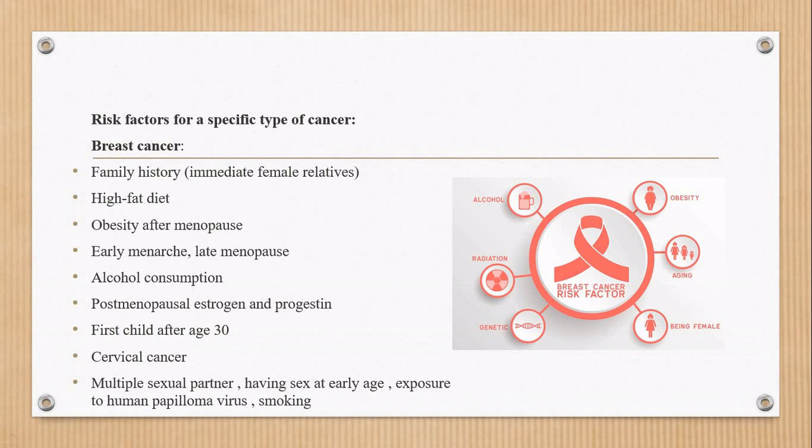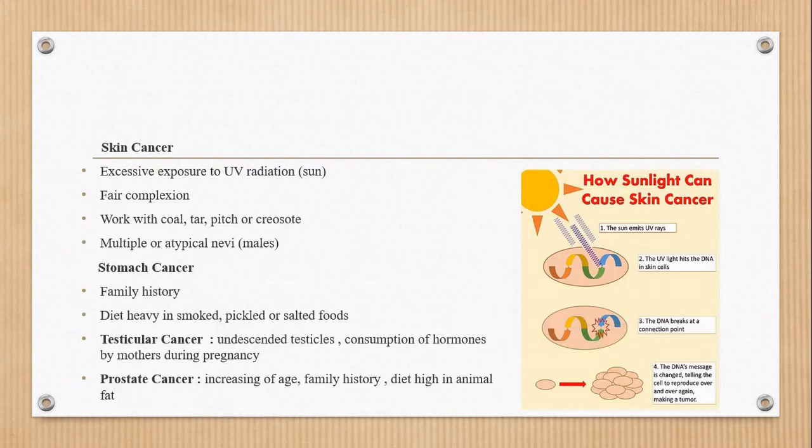Cervical cancer. Multiple sexual partners, having sex at an early age, exposure to human papillomavirus, smoking. Skin cancer. Excessive exposure to UV radiation, sun. Fair complexion. Work with coal, tar, pitch, or creosote.